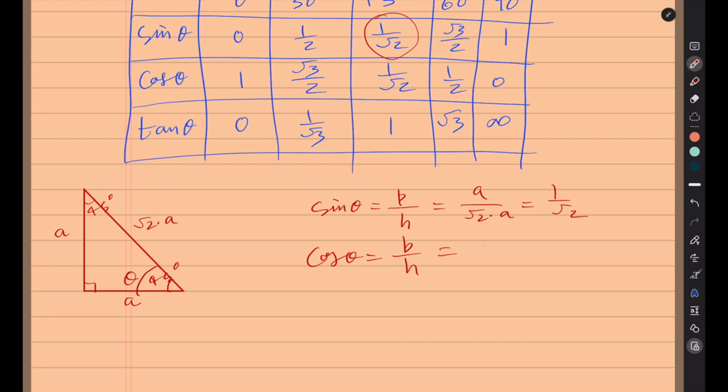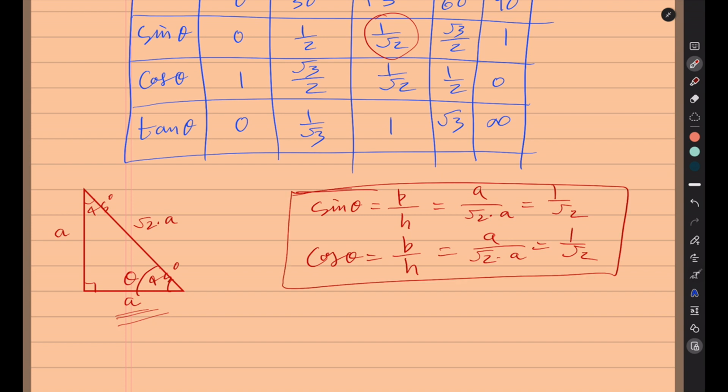How much is b? b is this a, and h is the same. So for a 45 degree angle, sine theta as well as cos theta have the same value, and tan 45 degree is equal to 1, which we have already seen.